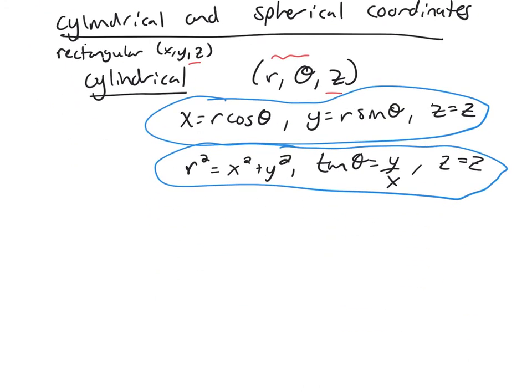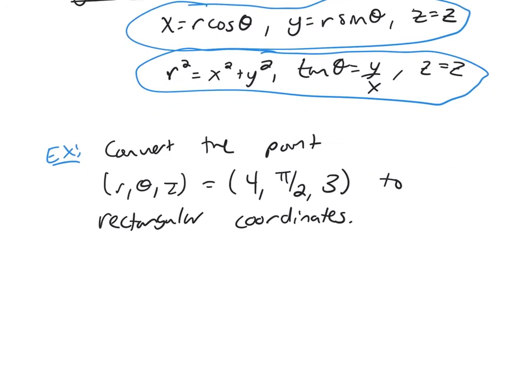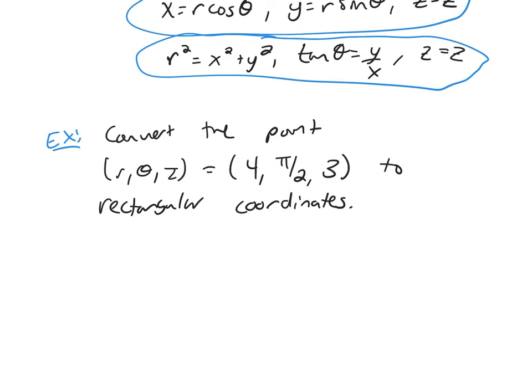So let's look at an example. Let's convert the point r, theta, z, which is going to be 4, pi over 2, and 3, to rectangular coordinates. Well, that means I need to write my point as x, y, z. Well, I already know z, right?